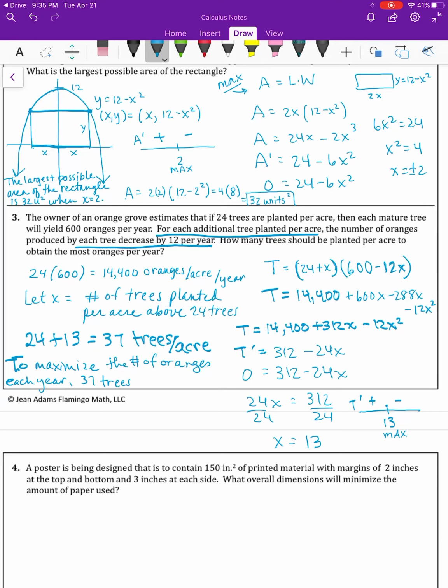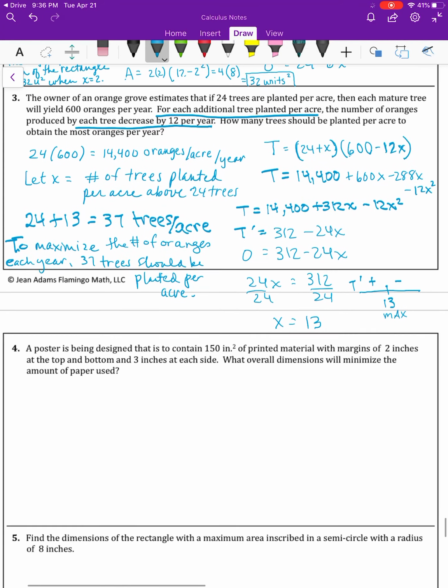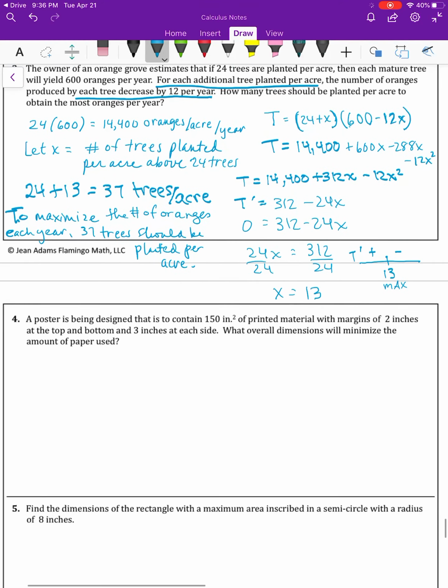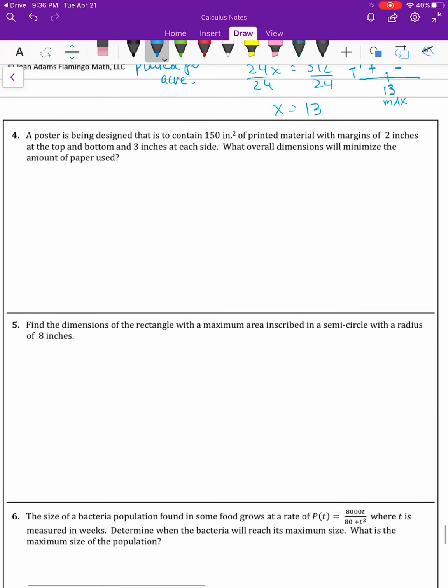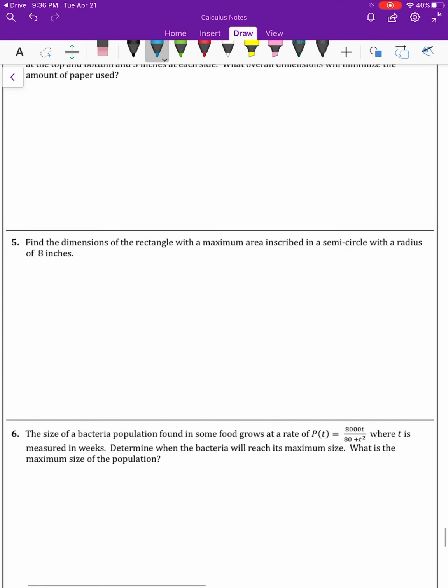So I said to maximize the number of oranges each year, 37 trees should be planted per acre.